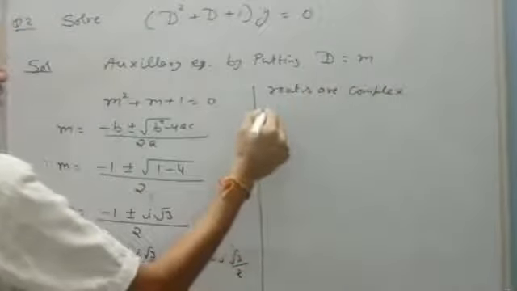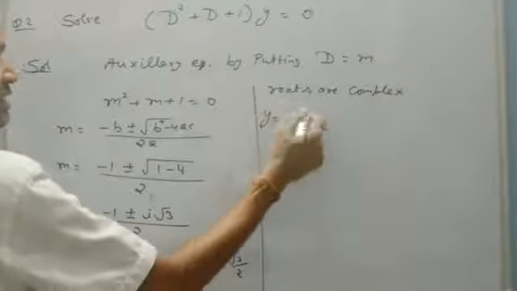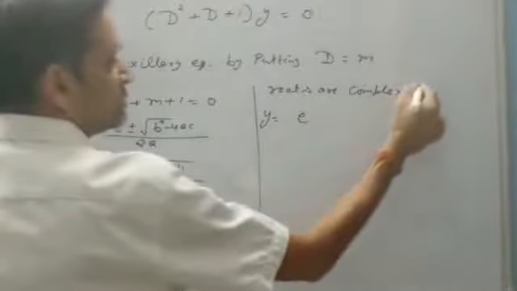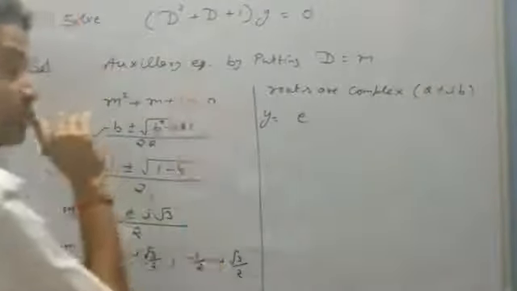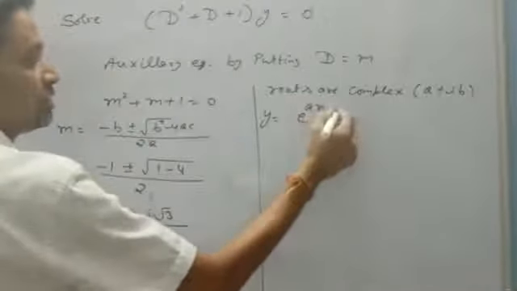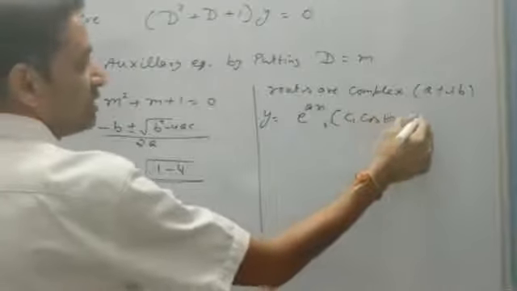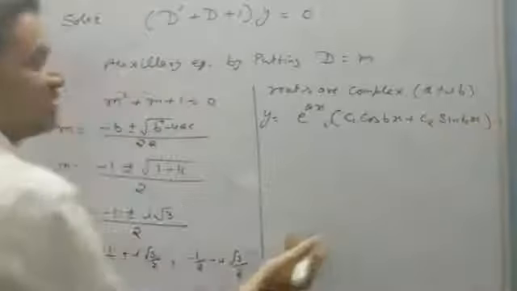Then the solution is e to the power ax, where the roots are in the form a plus minus iota b. So it is e to the power ax into c1 cos bx plus c2 sin bx. What is a and b here?